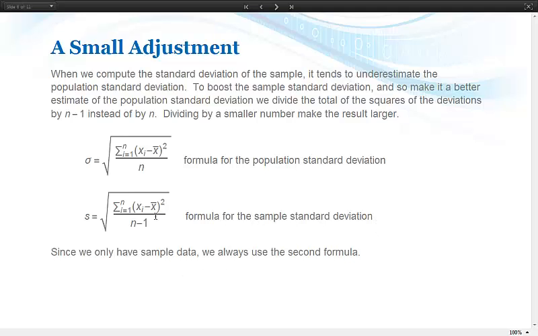So we'll almost always work with this formula, the one with the slight reduction in what we divide by. In a very rare case where we're given the entire population data and told we have the population data, then we would use the first formula. But almost always, if not always in the class, we'll use the adjusted formula for the sample standard deviation.